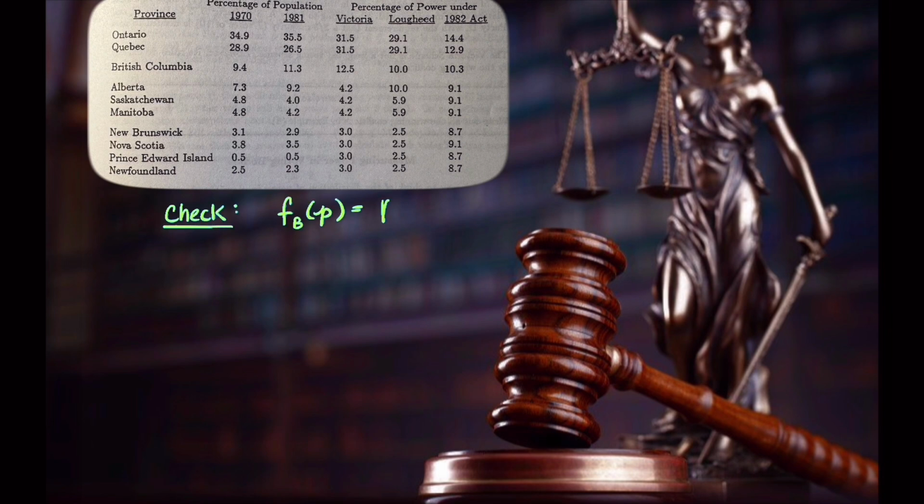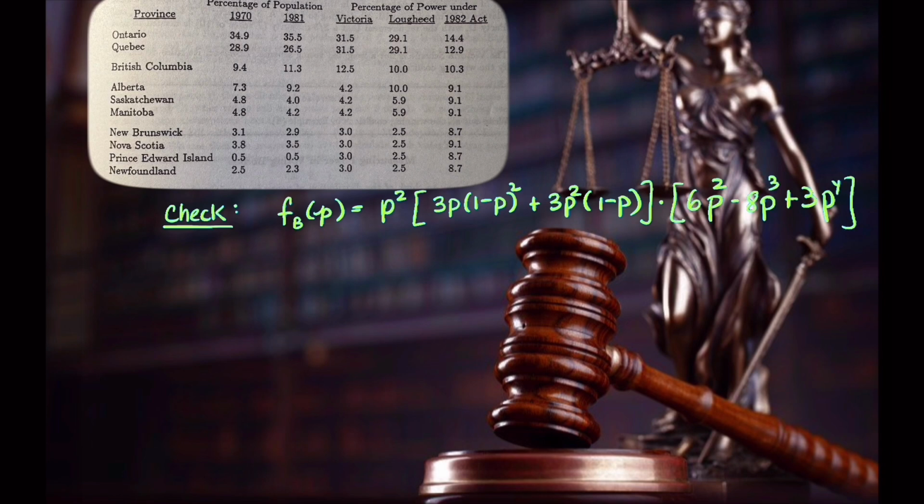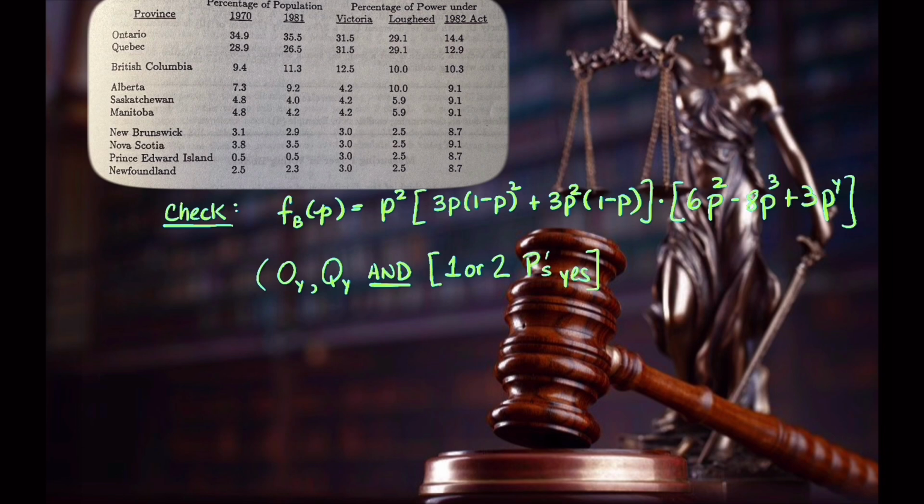Now one can check, again through some extensive calculation, that the probability polynomial for British Columbia is this one given here. And again, I'm just briefly going to sketch out where these probability distributions are coming from. You may want to pause the video to sort it out a little bit.